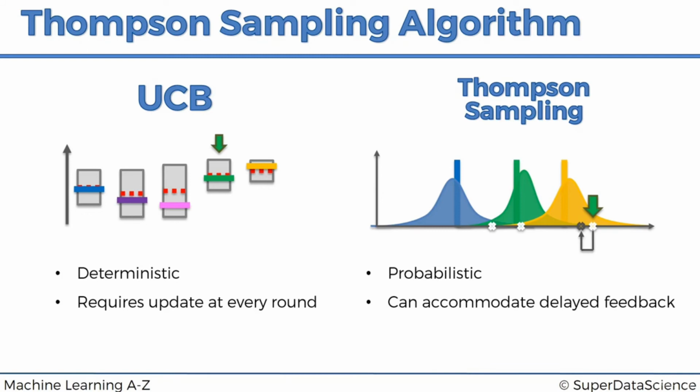Whereas what the Thompson sampling algorithm allows you to do is to update your data set or your information in a batch manner. So you wait until you get 500 clicks, or you wait until you get 5,000 clicks, you update the algorithm, then you let it run, and then you get another 5,000 clicks, and then you update the algorithm again, and it will still work.